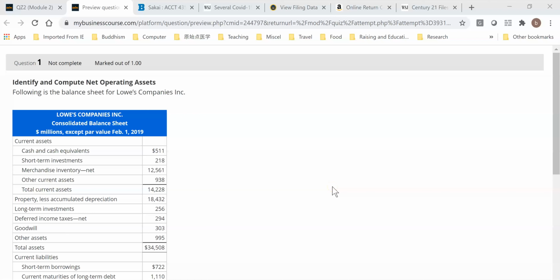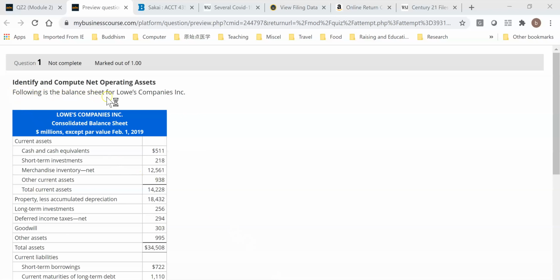So this is a question about categorizing the items on the balance sheet into the operating components and non-operating components, hence to calculate the net operating assets, because net operating assets is defined to be operating assets minus the operating liabilities. So identify and compute net operating assets.